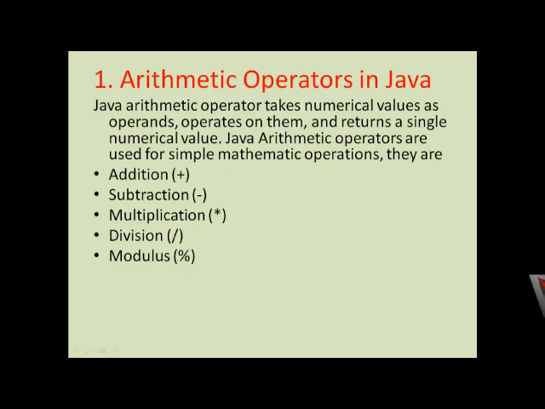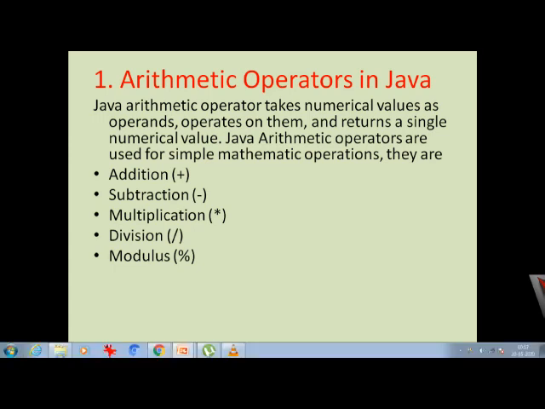Java arithmetic operators take numerical values as operands, operate on them, and return a single numerical value, meaning they give the result as a single value. If I say 5 plus 8, it will give me the value 13, which is a single numerical value.